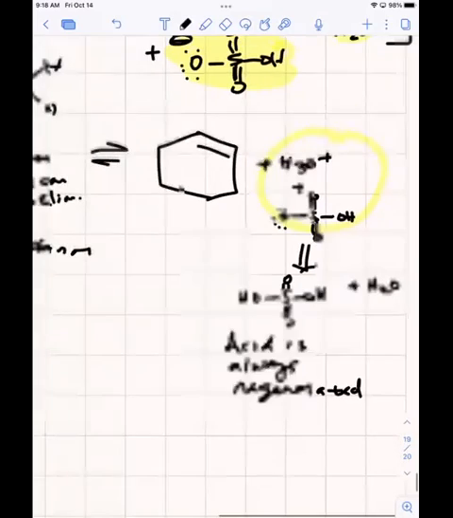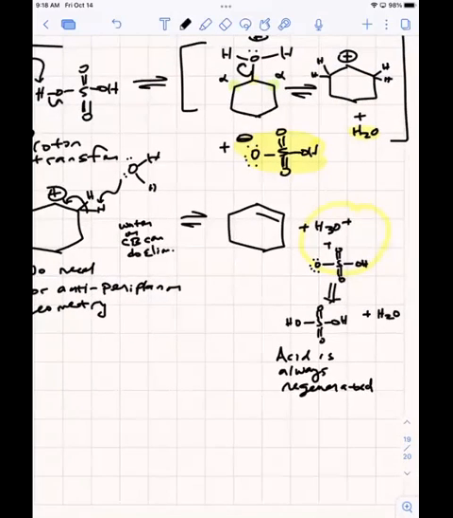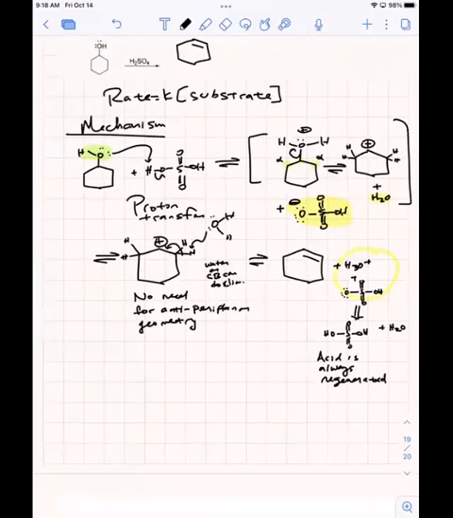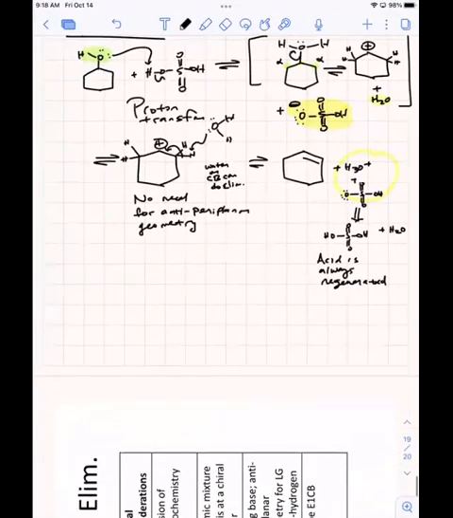It's always regenerated. So with the E2, I'm sorry, with the E1, again, it follows the same path as the SN1 all the way up until the elimination step. All right, and we know the rate is k times the substrate.